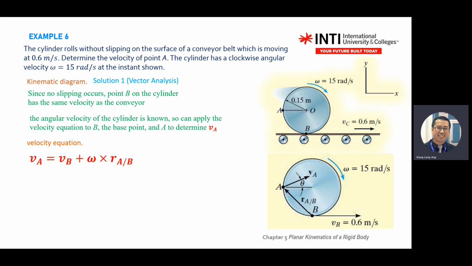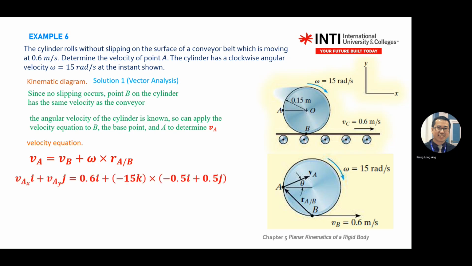Then your y? Okay. You have all this, right? So here your R you write as 0.15i and 0.15j.